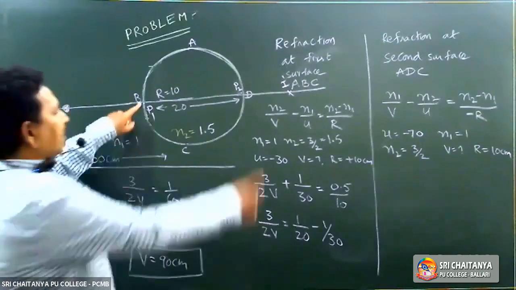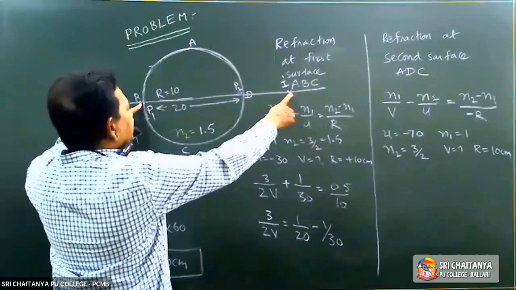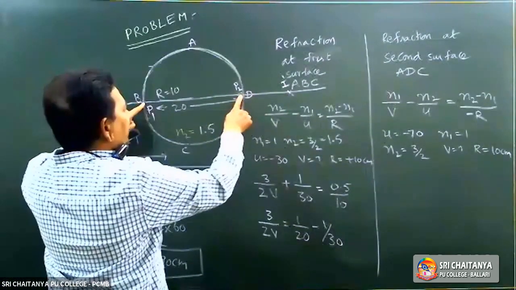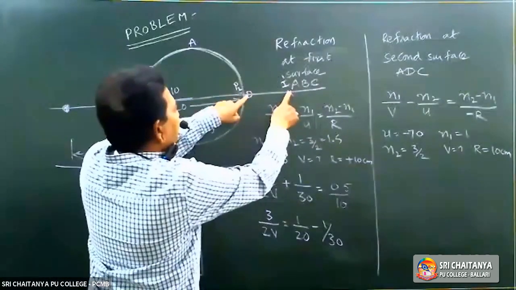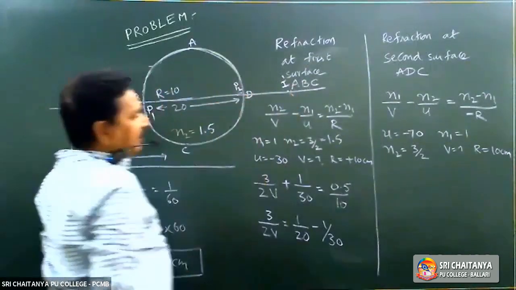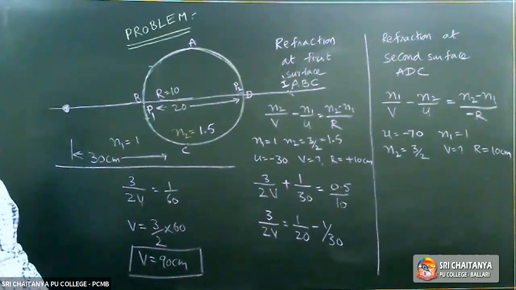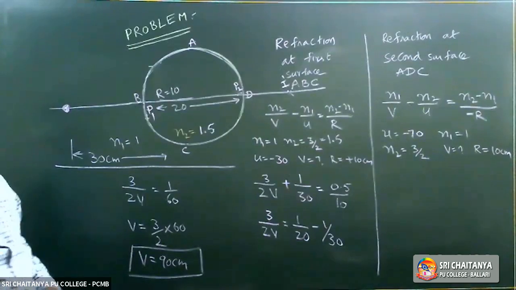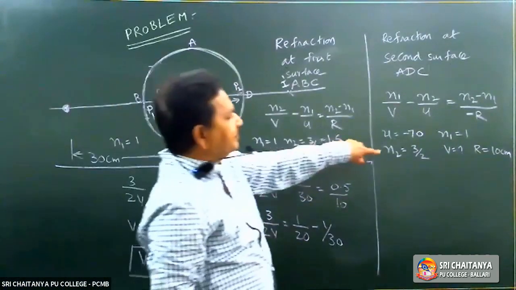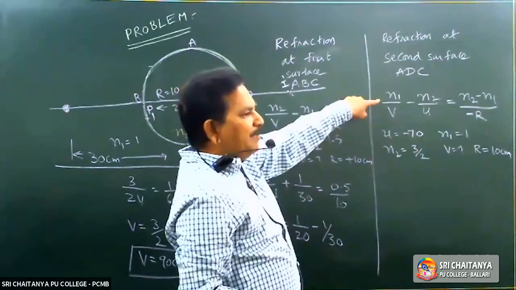U: from here to here 90, from here to here 20, so object distance is 90 minus 20. That is 70. Now substituting in this formula, we will get the final image.